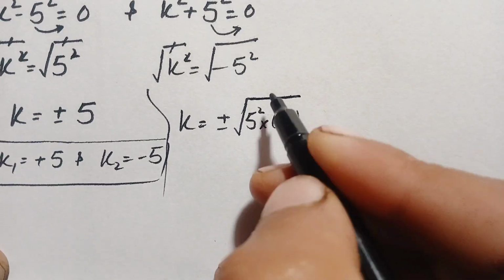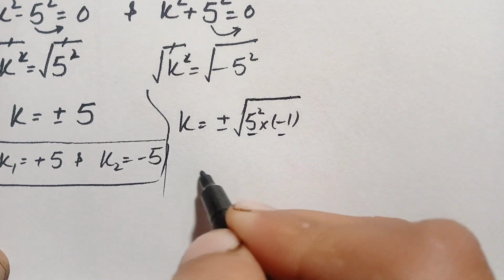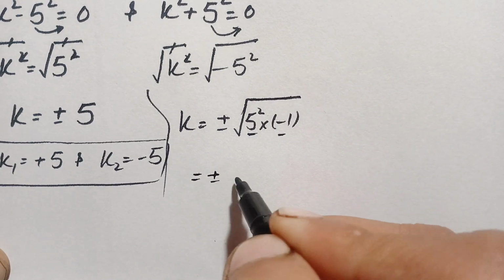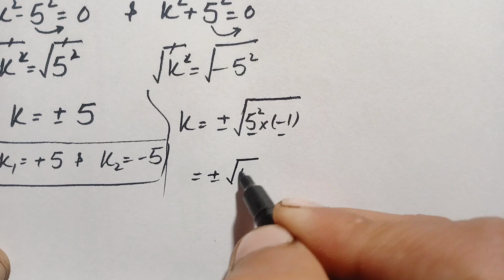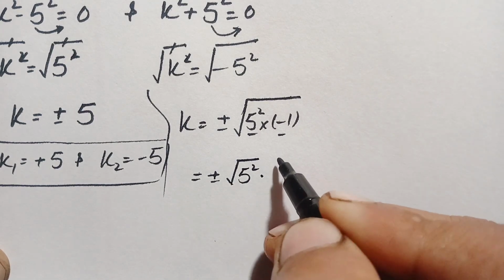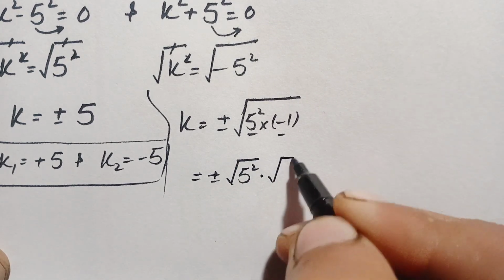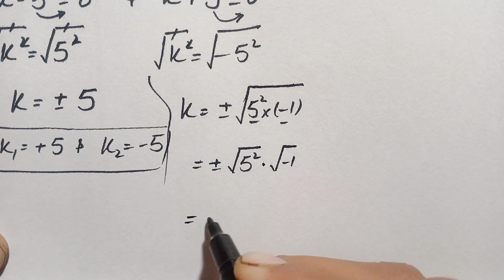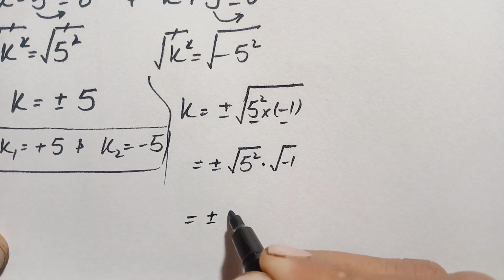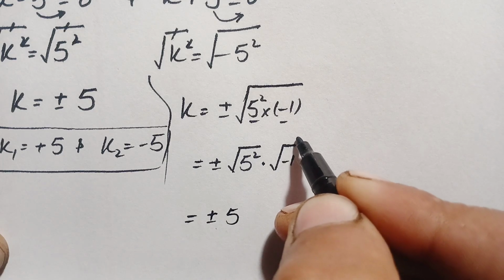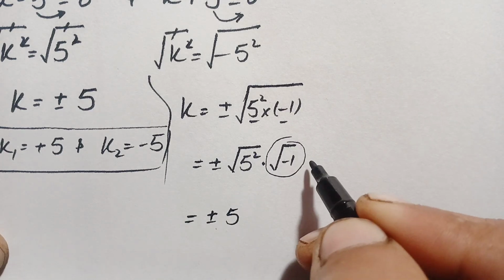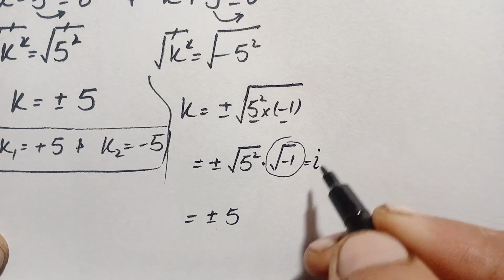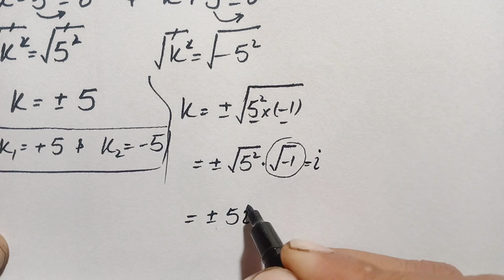Here we will split this square root over 5 square and negative 1. So this will become plus minus square root of 5 square times square root of negative 1. So further it will become plus minus 5, and we know that square root of negative 1 is a complex number which is equal to iota. So we replace it with iota.